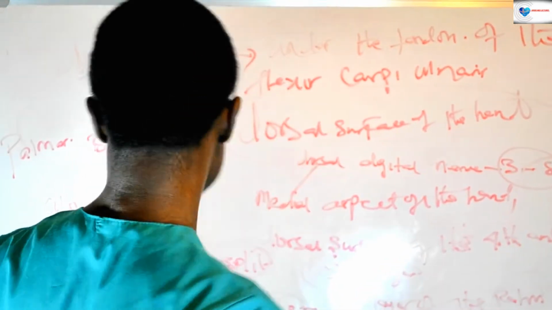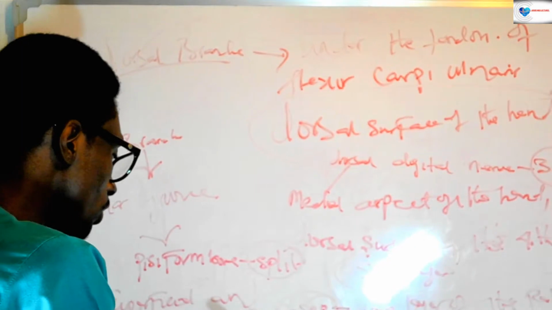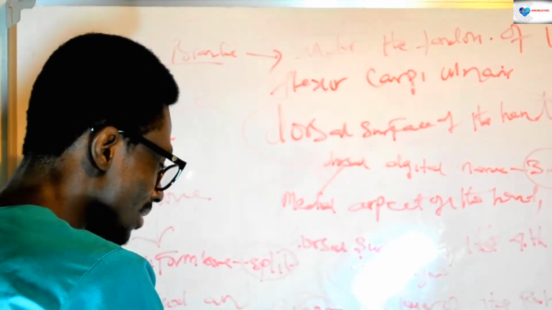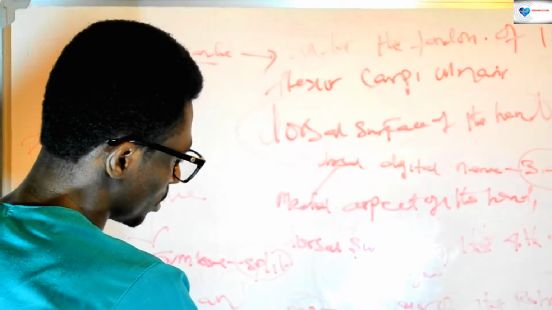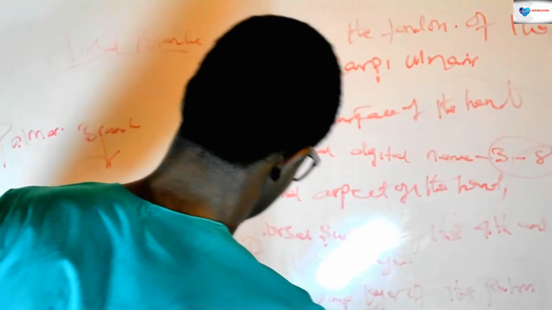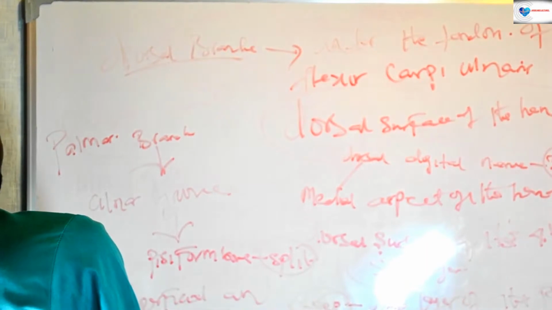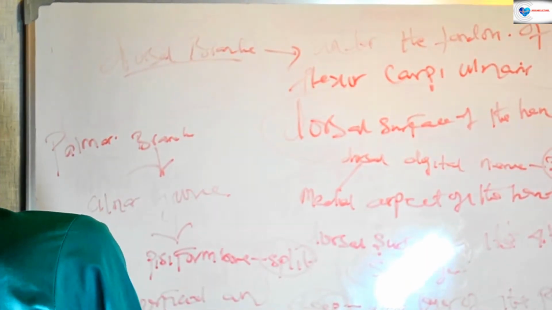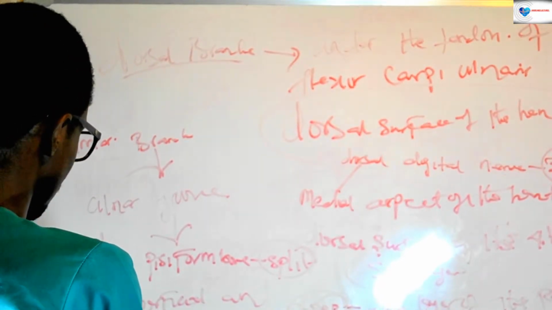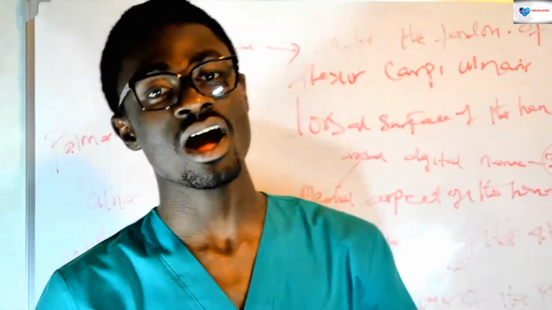But the superficial branch divides into what is known as the proper palmar digital nerve, which also supplies the medial aspect of the hand, guys.